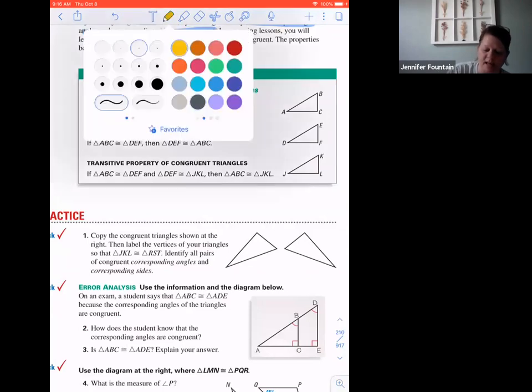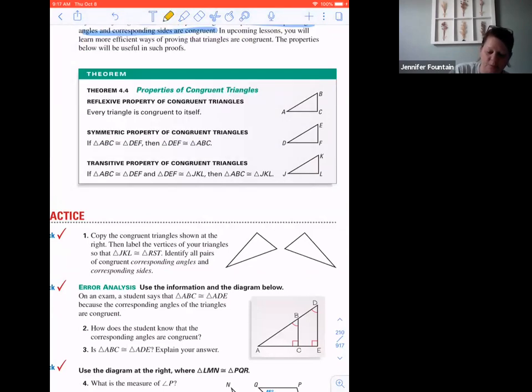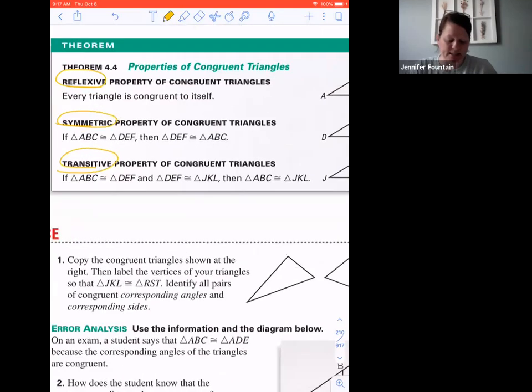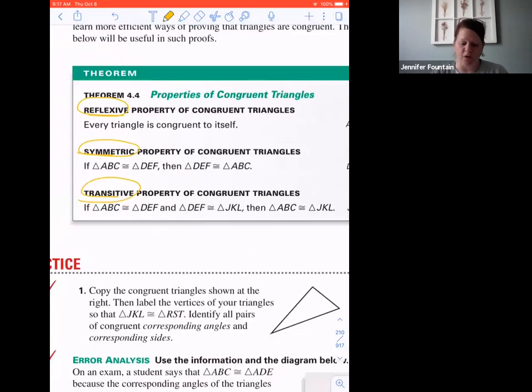You'll recognize some of these words. We have the reflexive property of congruent triangles, the symmetric property of congruent triangles, and the transitive property of congruent triangles. Reflexive means that something is equal to itself, so every triangle is congruent to itself. Symmetric is like our line of symmetry, with the mirror image on either side.